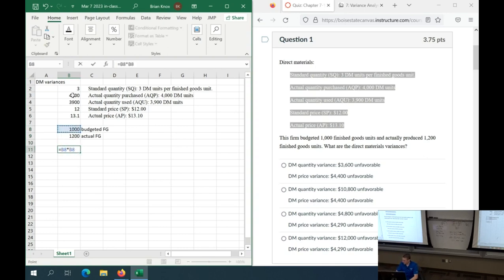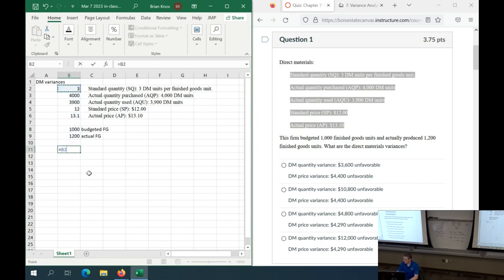If you did that, you get 3,000 standard quantity. I'll just go through it so you see why it's wrong. You subtract them, that's the difference inside the parentheses, times the standard price. 1080 is one of the wrong answers available. Tempting you. Don't give in.